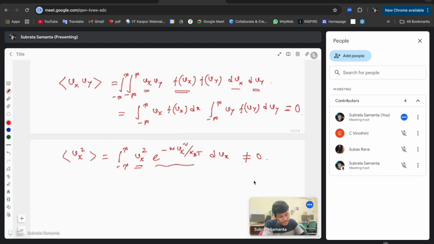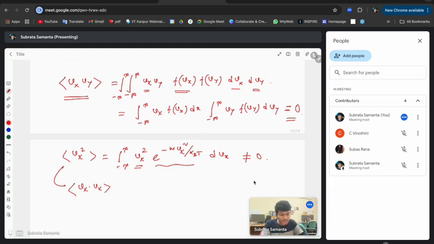That means the average of Vx Vy gives 0, because Vx and Vy are not correlated, they are independent. But when you consider Vx and Vx, this is basically Vx times Vx and their average. They are both the same, they are not independent, and that's why it gives a non-zero value.